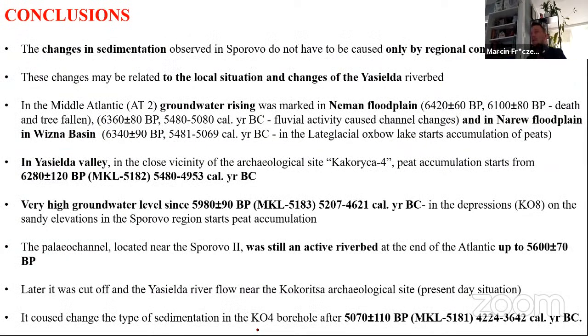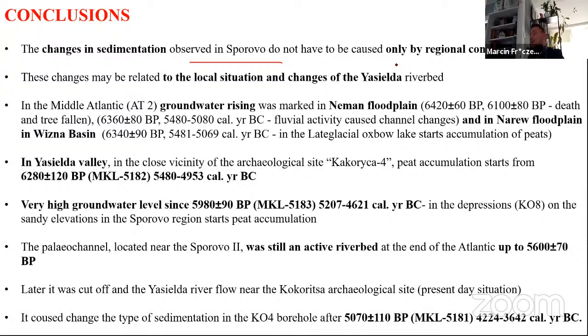And the changes of sedimentation which we observe in the Sporovo reservoir are not exactly connected with regional conditions, but could be connected with a very local situation and changes of the Jasielda riverbed.